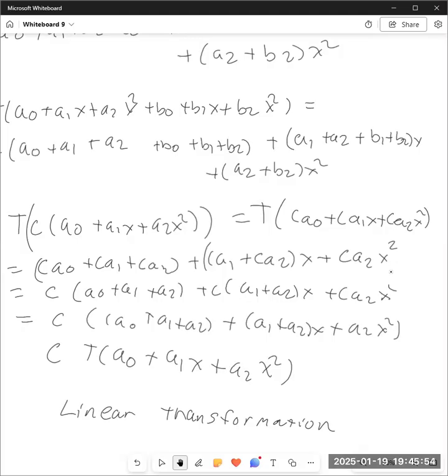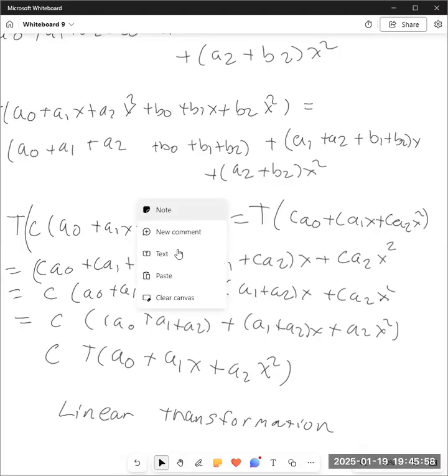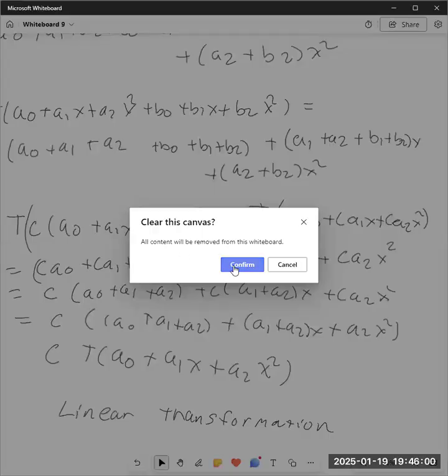On now to number 27. It says that T of [1, 0, 0] is equal to [2, 4, -1].